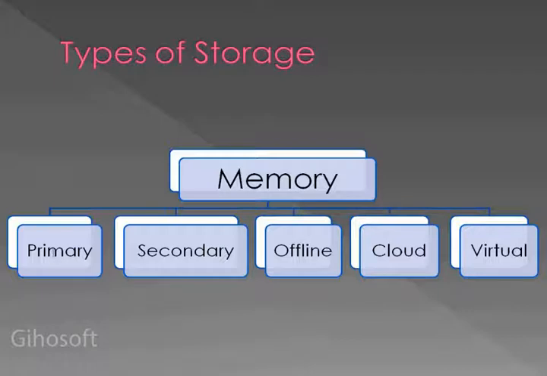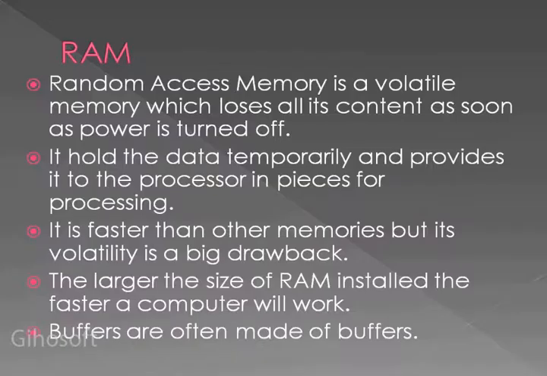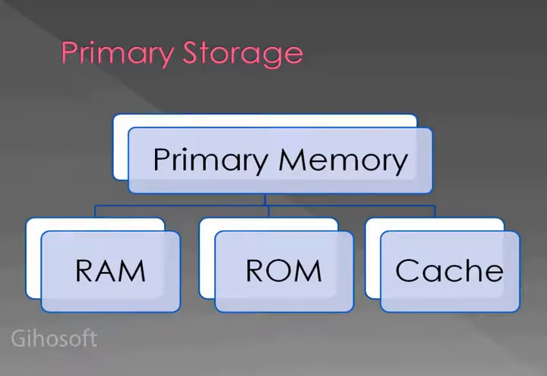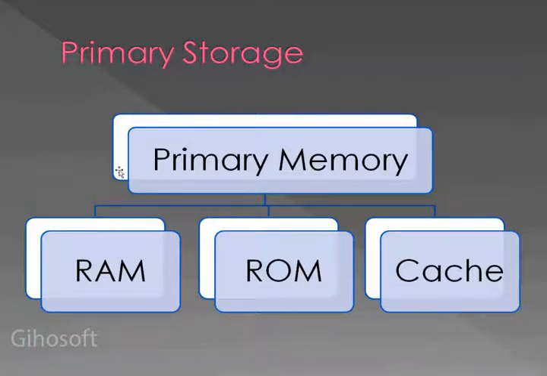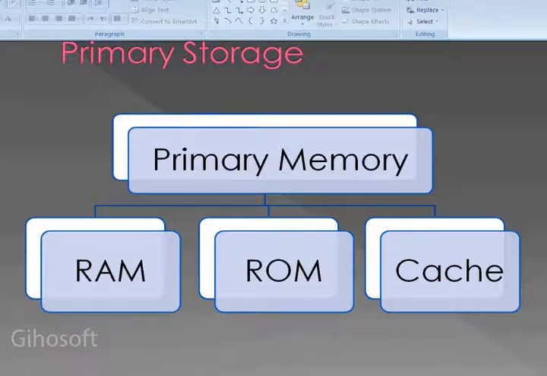That being said, let's come to our first topic. The first thing in primary memory is RAM. Now, one thing which you should know about primary memory or primary storage is that it is a type of memory that is directly accessed by the CPU all the time.